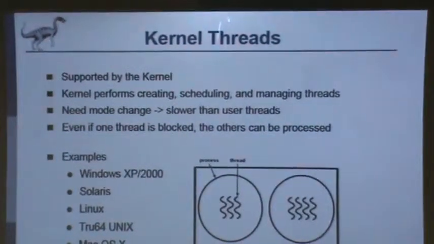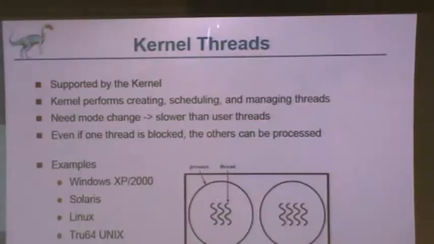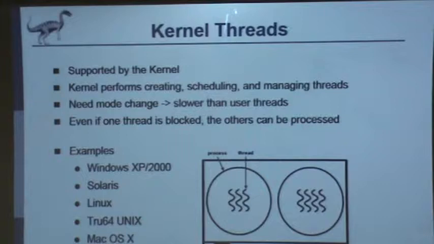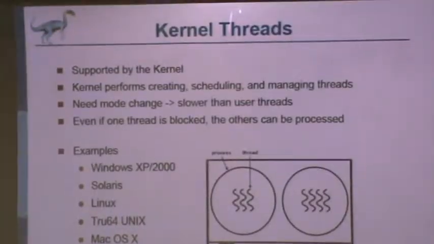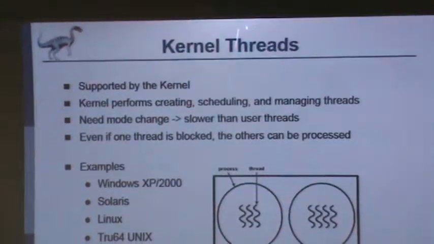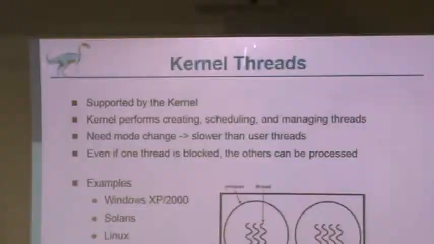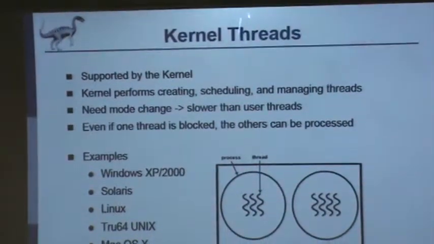Also, there's the kernel thread. Kernel threads are supported by the kernel, which also supports creating, scheduling, and managing threads. It will be slower. Why? Because when you want to use the kernel thread, you have to change the mode, so it takes time, so it will be slower than the user thread.